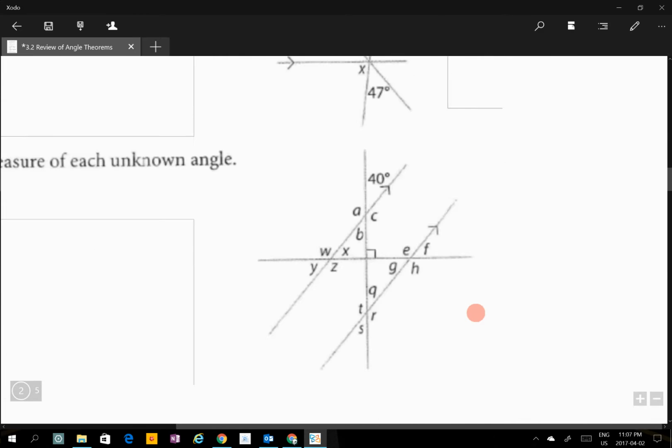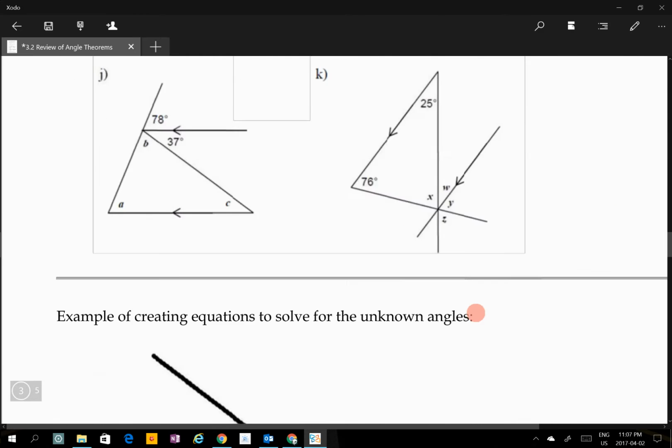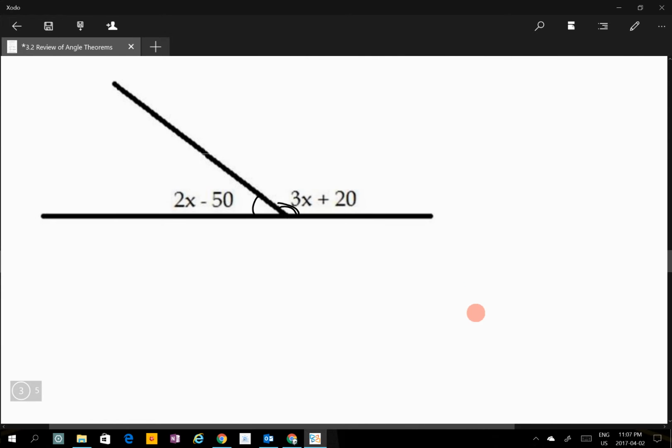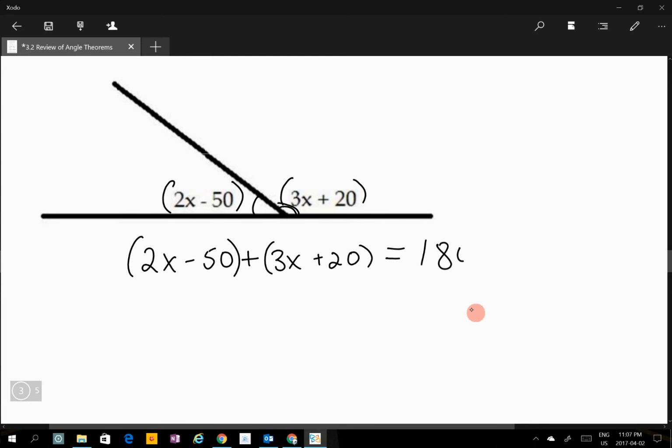Back to the question: this angle here, 2x minus 50, plus 3x plus 20, have to add up to 180 degrees. So I've just created this equation, and I can solve it for x.